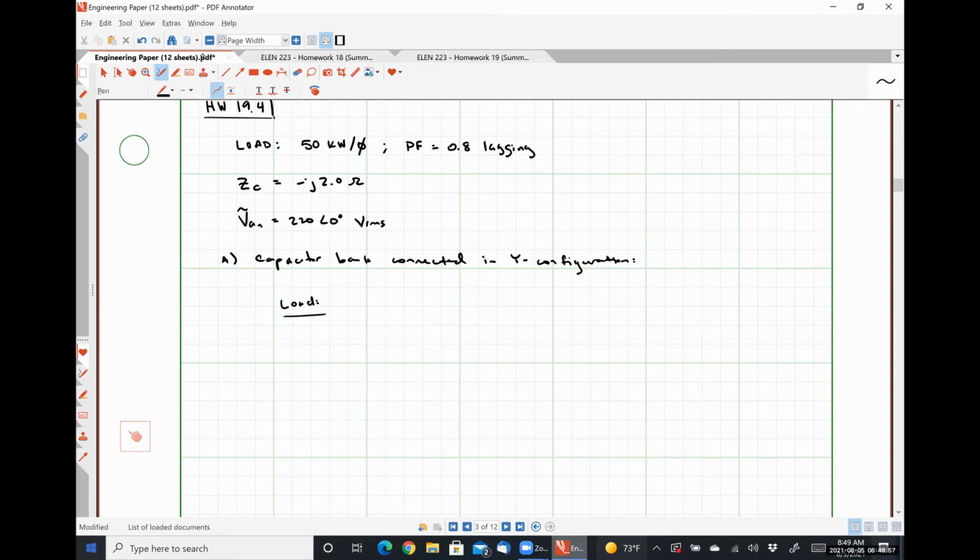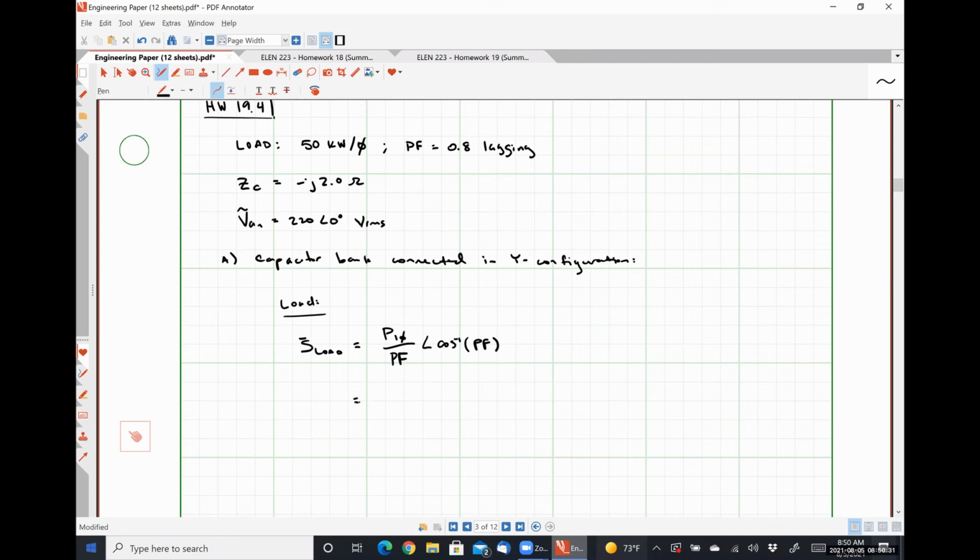So our load absorbs S load, which is going to be P one phase divided by our power factor with an angle of inverse cosine of our power factor, just like we did way back when we were looking at single phase circuits.